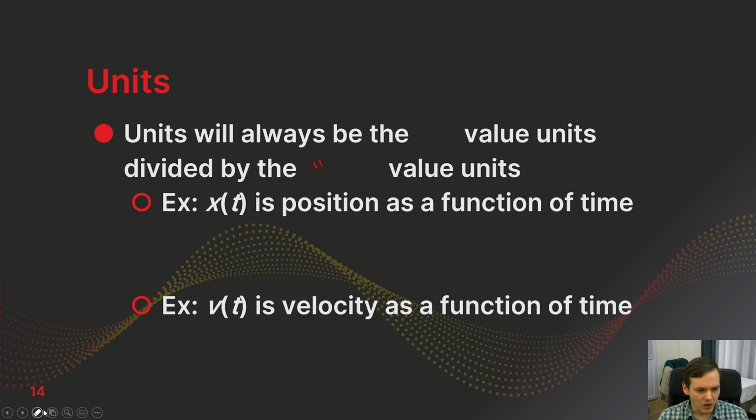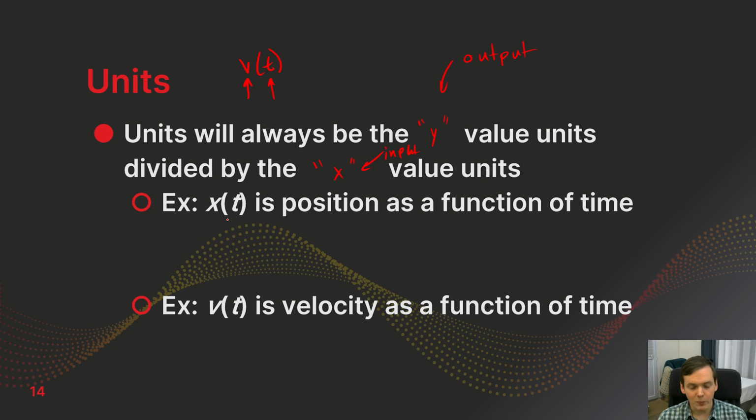It's always going to be our y value units, or the output units of the function, divided by the x value units, which is the input to the function. So if you have v of t, whatever the units for v would be your y values. Whatever your units for t would be your x or input.